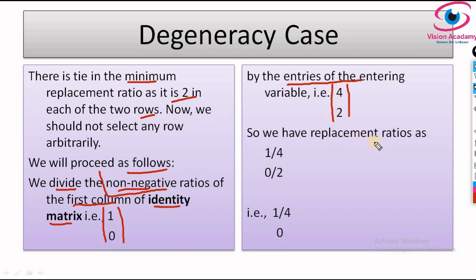So we have replacement ratio as 1 by 4, and 0 by 2. When we simplify this, we get 1 by 4 and 0. So this is the replacement ratio. This is how to find the replacement ratio in case of a degeneracy type of problem.